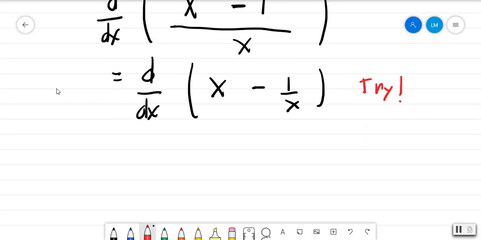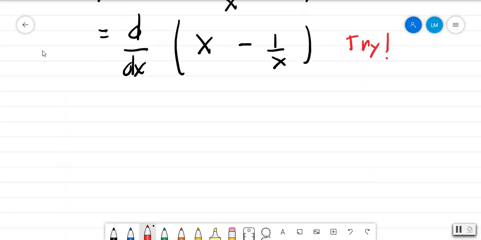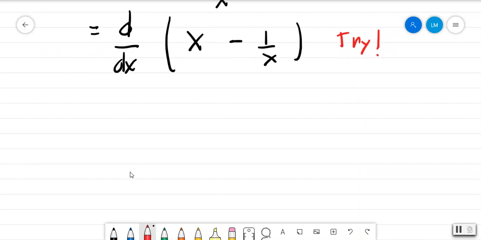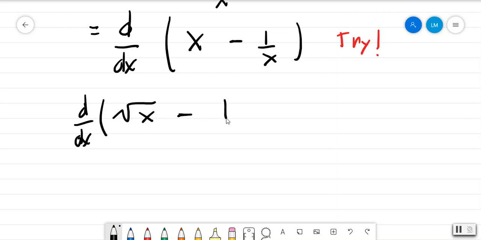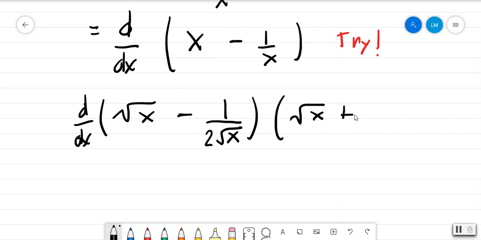And then, furthermore, let's say that you want to find the derivative of the square root of x minus 1 over 2 root x multiplied by the square root of x plus 1 over 2 root x.